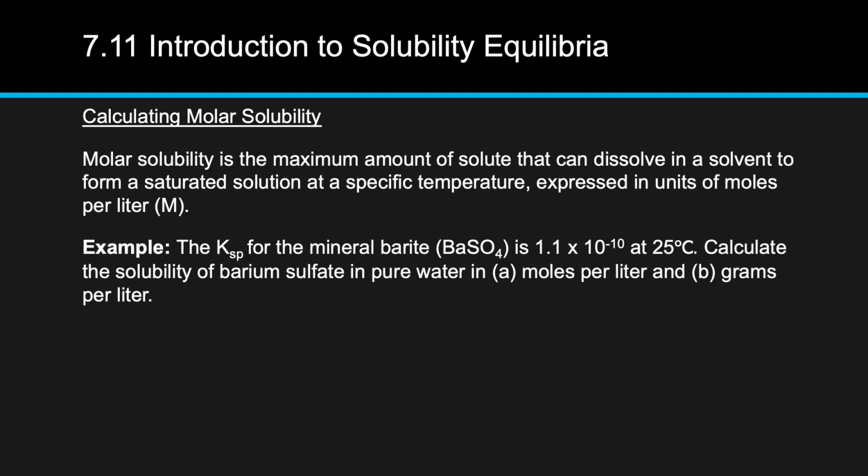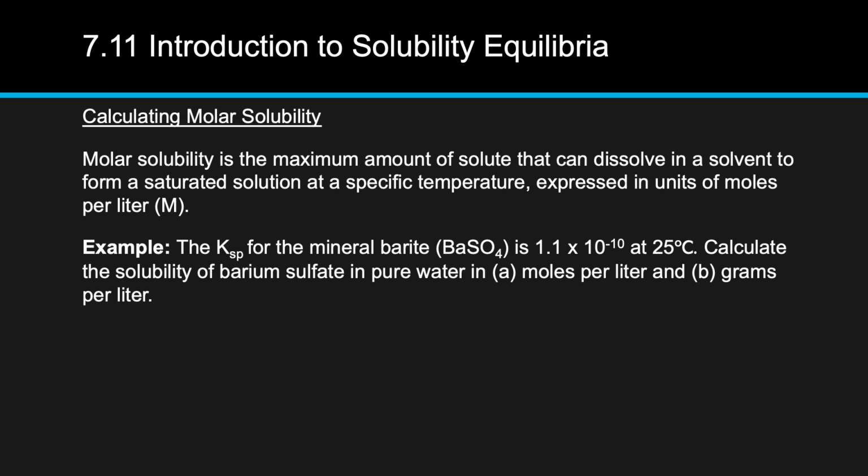And molar solubility is going to be presented in units of molar or moles per liter. So looking at this example, it says the Ksp for the mineral barite is 1.1 times 10 to the negative 10th. Calculate the solubility of barium sulfate in pure water in moles per liter and in grams per liter.